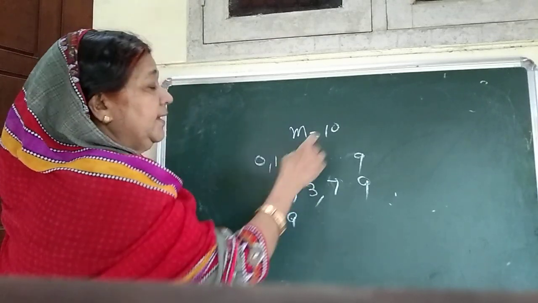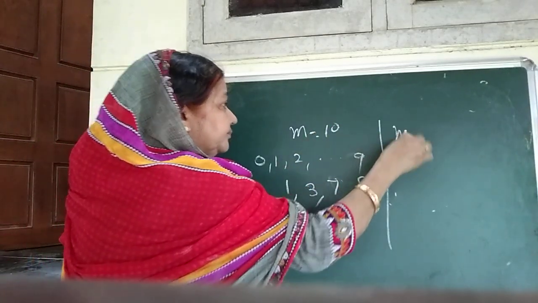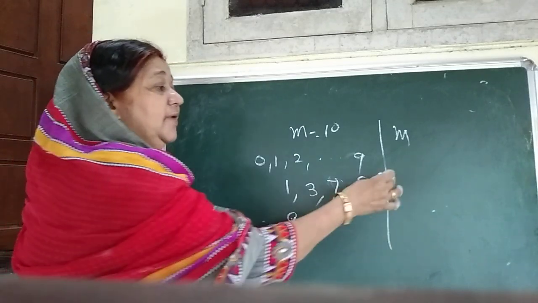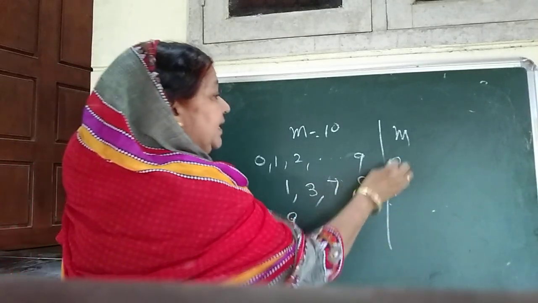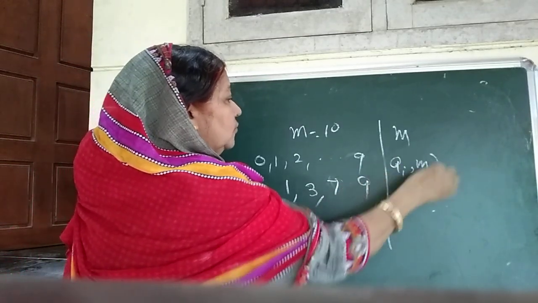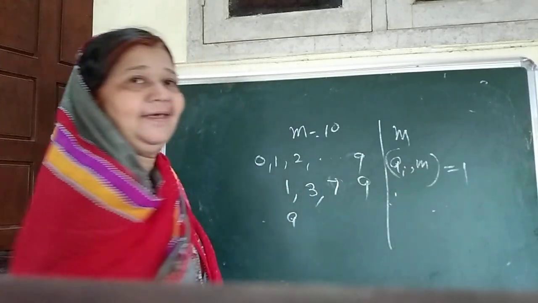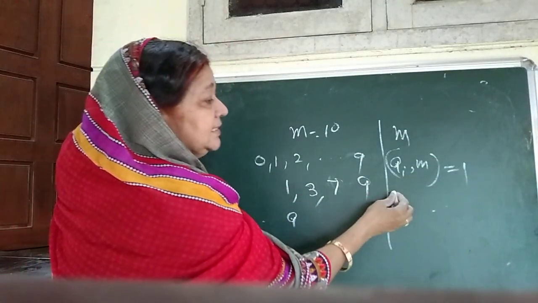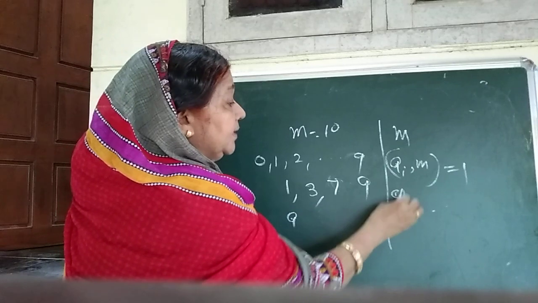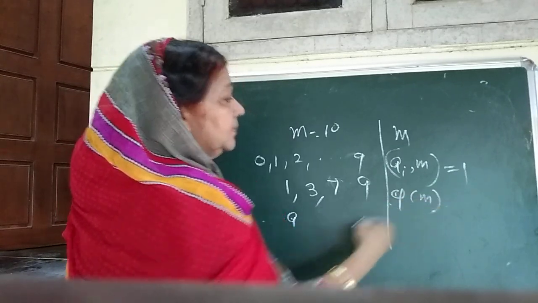Therefore, if m is any integer, we can find phi(m) numbers a_i with (a_i, m) equal to 1. How many numbers? We can see that there are phi(m) numbers.